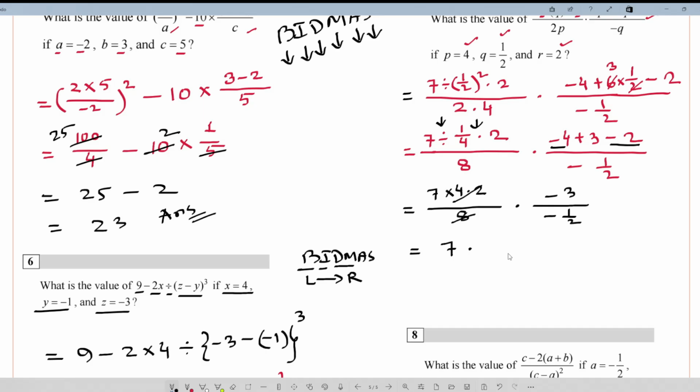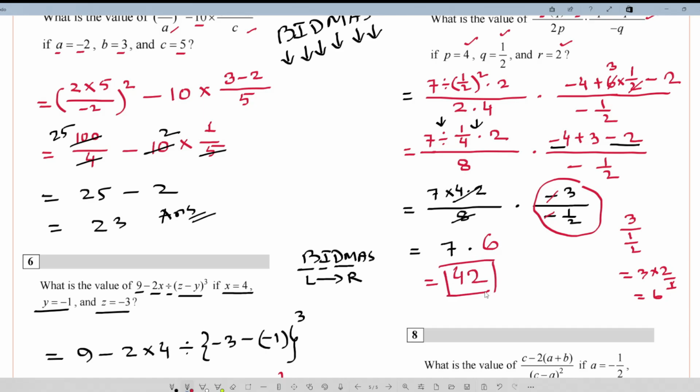Then look, here is minus and divide minus, we can cancel this one, and here is 3 divide 1 by 2, we can write 3 times 2 because 1 will become the denominator. So here is 6. For this one we can write 6. So our answer is 7 times 6, it means 42. Okay, clear? This is our answer.